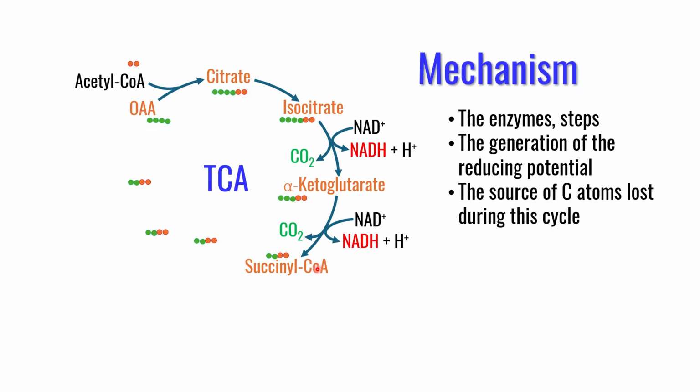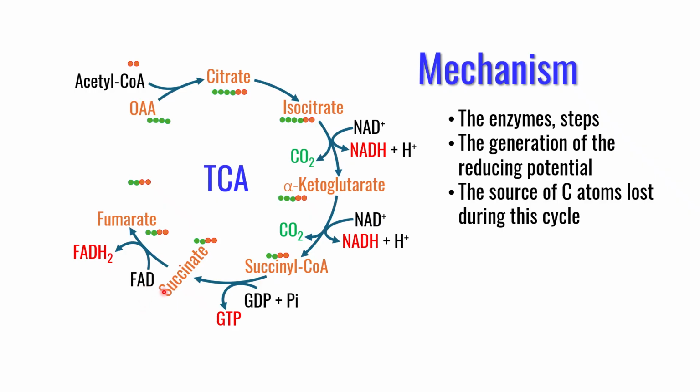So succinyl-CoA is a 4-carbon compound here, which is converted into succinate by the action of succinyl-CoA synthetase, producing 1 GTP molecule. GTP is equivalent to ATP. Succinate is converted into fumarate by succinate dehydrogenase enzyme. At this step, there is formation of FADH2, reducing potential. Fumarate is converted into malate by the action of fumarase, and malate is converted into oxaloacetate by malate dehydrogenase.